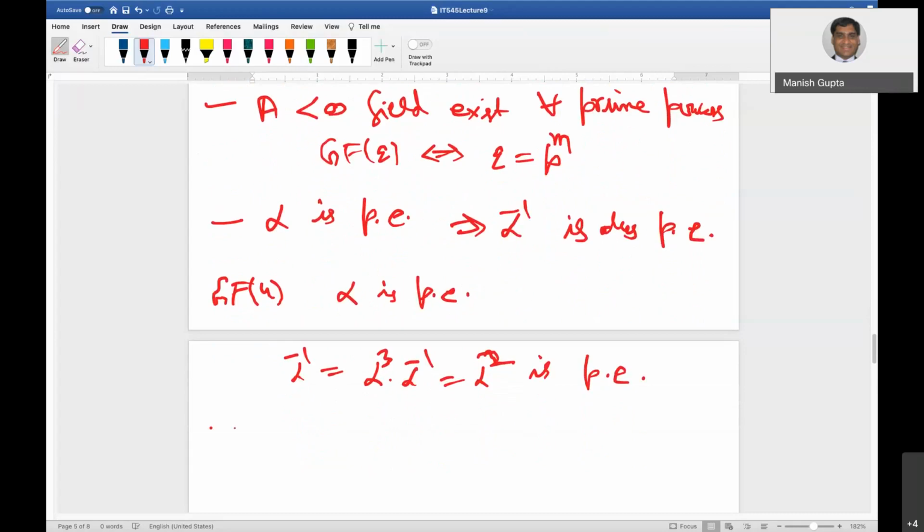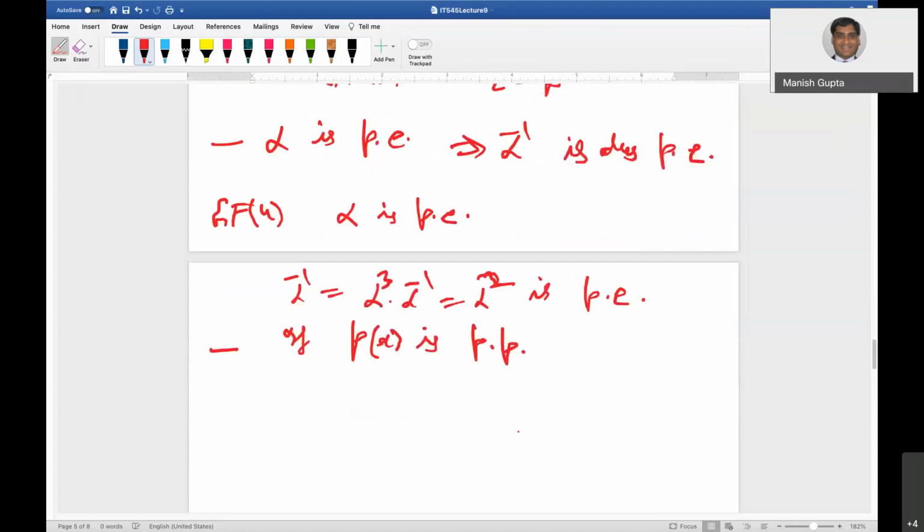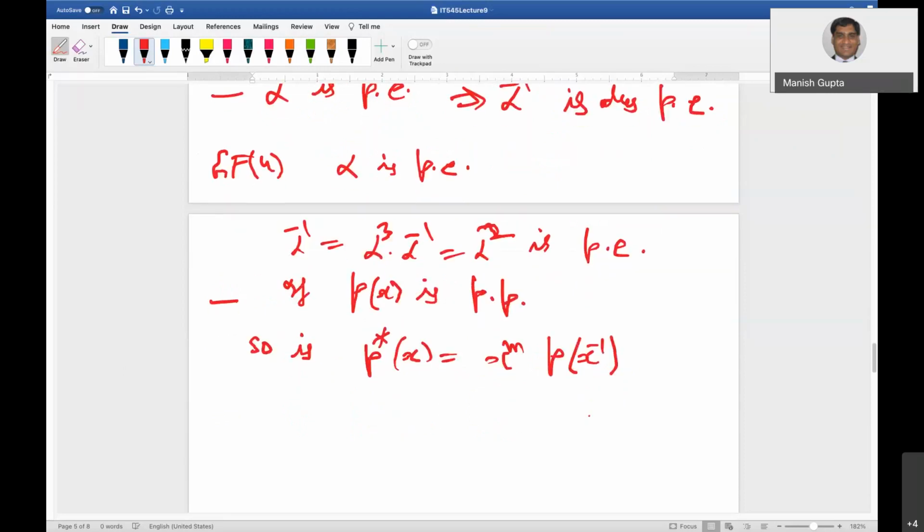Next property, if P(x) is a primitive polynomial, so is P star of x, known as the reciprocal polynomial. It is x raised to power m times P of x inverse. The reciprocal polynomial is also primitive.